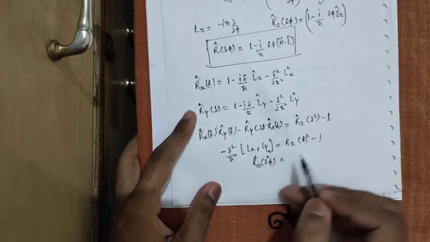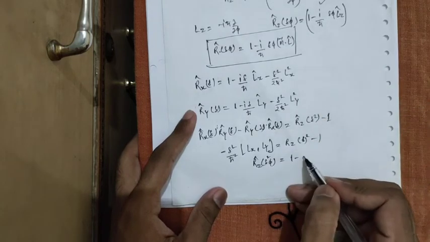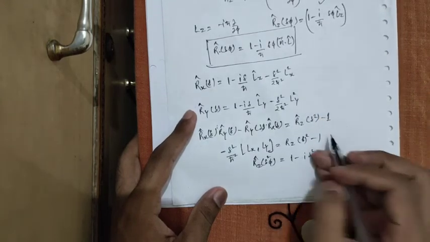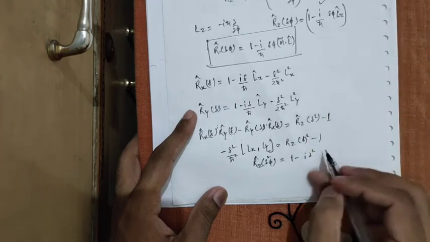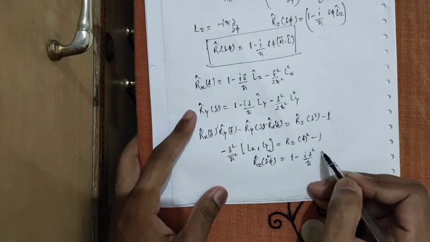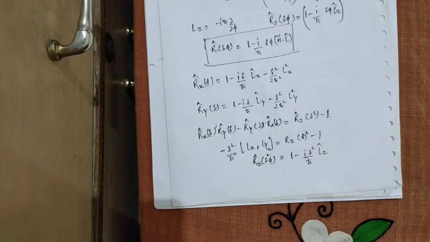is equal to 1 minus i del square over h cut Lz.